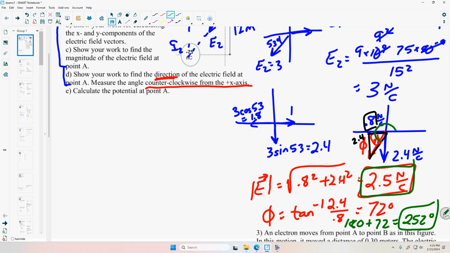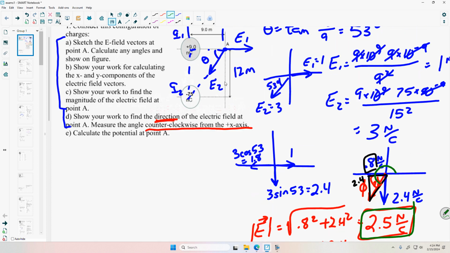Then the final part is just to calculate the potential at point A. So that's a little bit different. I want to know the potential here. Remember, potential is the sum of the individual potentials. These are scalar, so there's none of that business. It's just a straight up sum. So I have kQ over r for Q1.